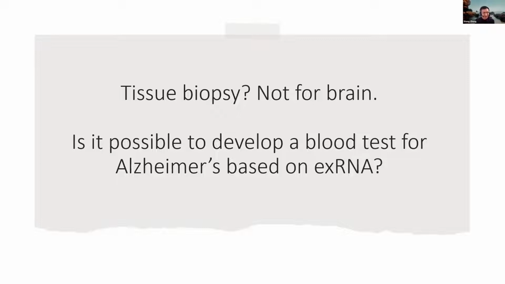So almost the only thing that is left to try is blood. So the question becomes obvious. Is it possible to develop a blood test for Alzheimer's? And to us, it's whether it's possible to develop the test based on extracellular RNA.